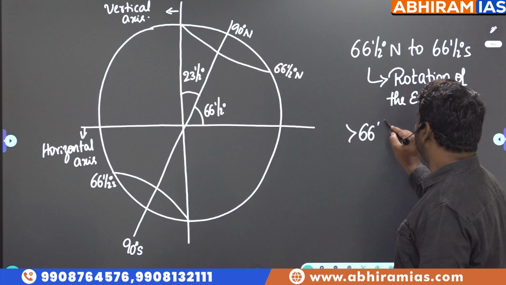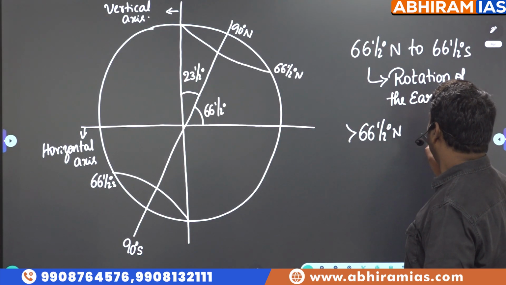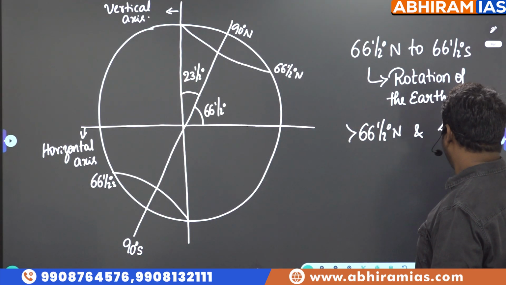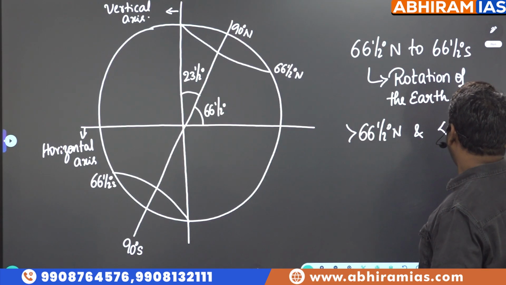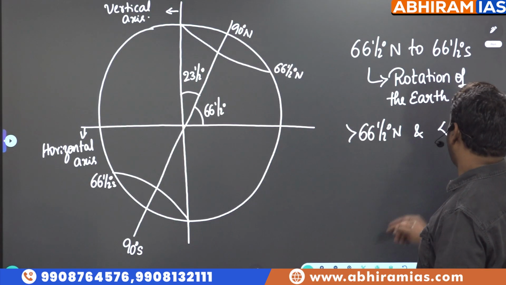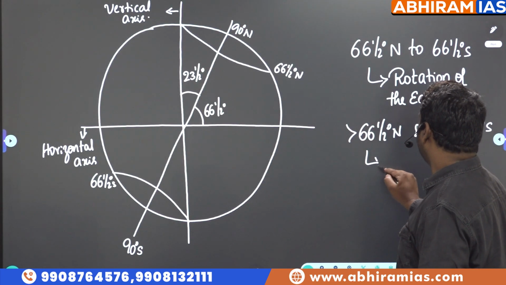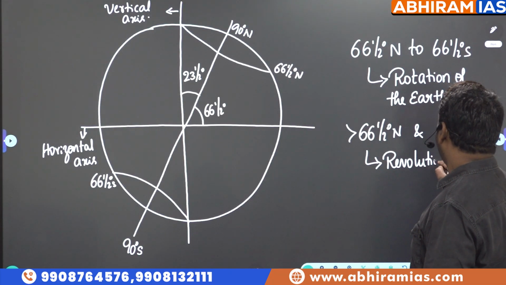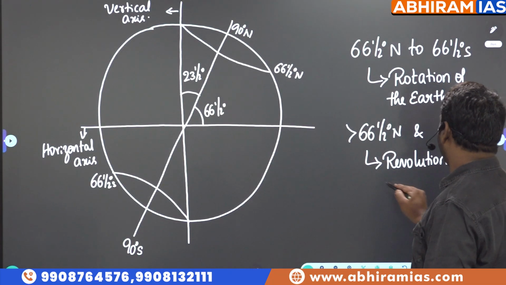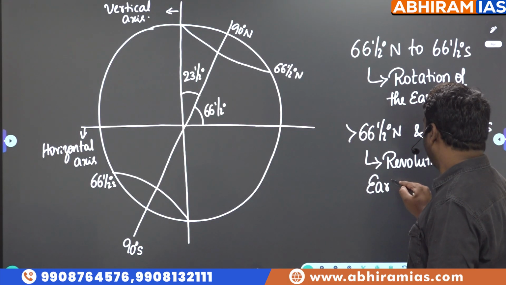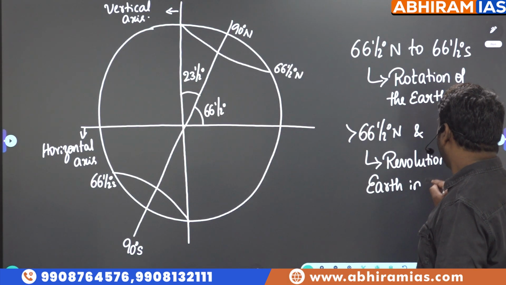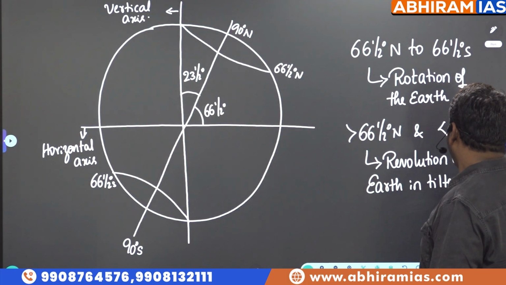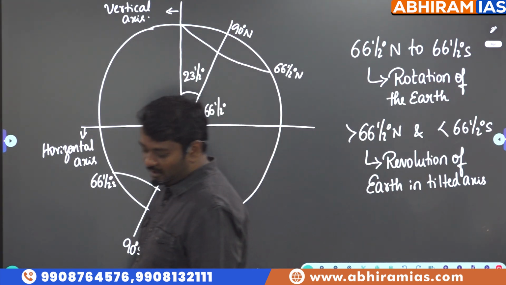Greater than 66.5 degree north, less than 66.5 degree south, you will normally have revolution of Earth, not in elliptical orbit, but in tilted axis.